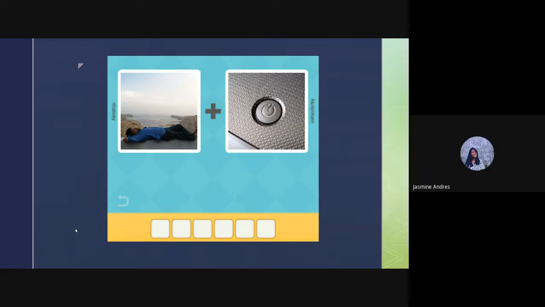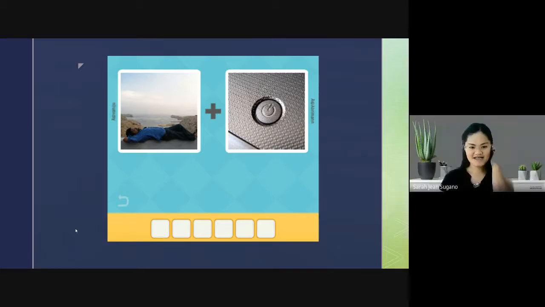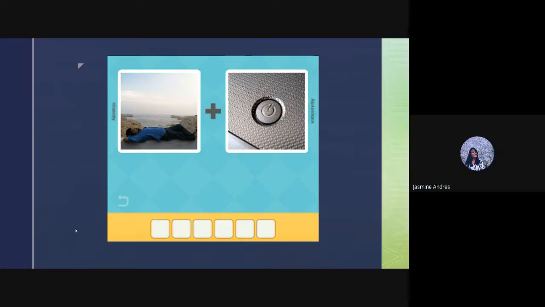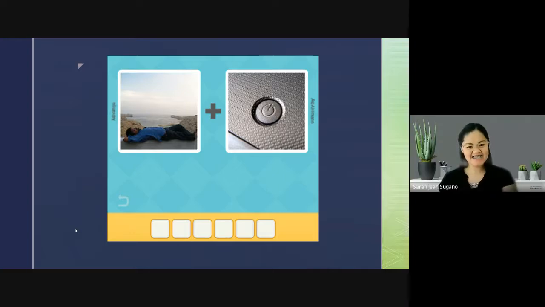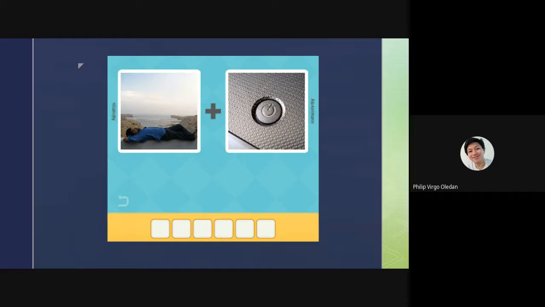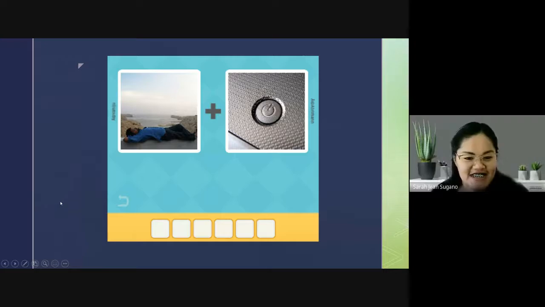Low bat. Ha? Low bat? No. Sleepy. Sleeping. Sige, low bat. But no, hindi. Any other guess?